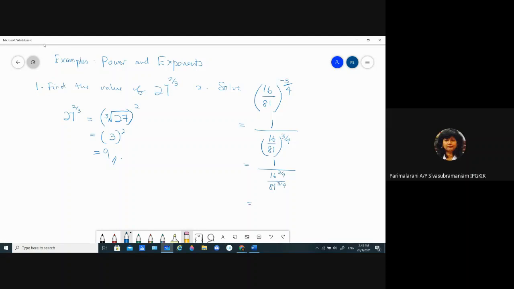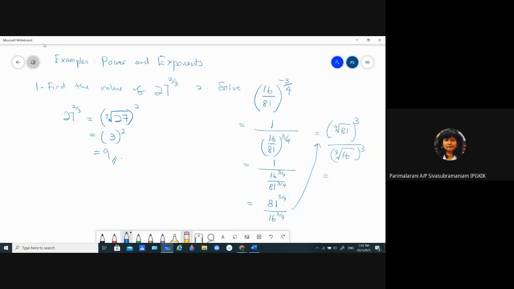So 1 divided by 16 over 81 gives us 81 to the power of 3 over 4 over 16 to the power of 3 over 4. Is this correct? Yes. So this is equal to the fourth root of 81 cubed over the fourth root of 16 cubed.